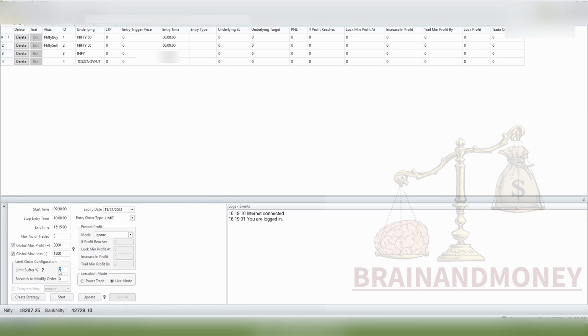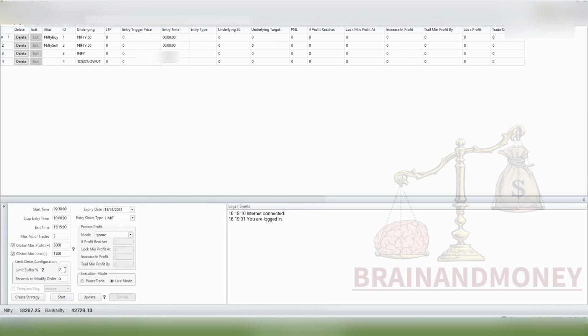So let's say your LTP is 100 rupees and you set the limit buffer percentage to 2%, and it's a buy side trade, so it will place an order at 102 rupees. This doesn't mean that your trade will be executed at 102. It will still be executed at the best available seller. Let's say if it is 100 or 100.05, then it will be executed at that price only.